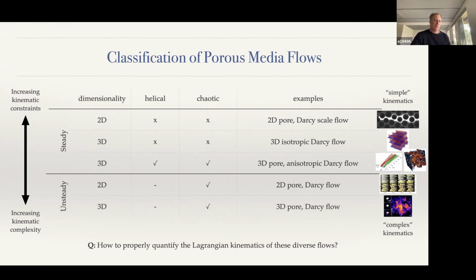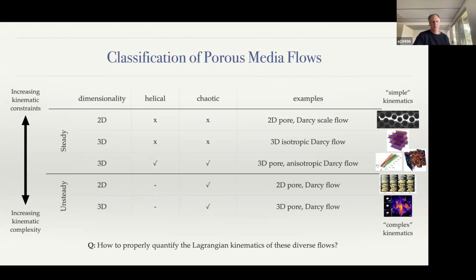We can also consider next down from that three-dimensional isotropic Darcy flows, and as we said, they're non-helical, so they're also non-chaotic. And then more complex than those are anisotropic Darcy flows, where the flows are now helical and can be chaotic. And what we mean by anisotropic is that the conductivity or the permeability of the fluid is now a tensor as opposed to a scalar.